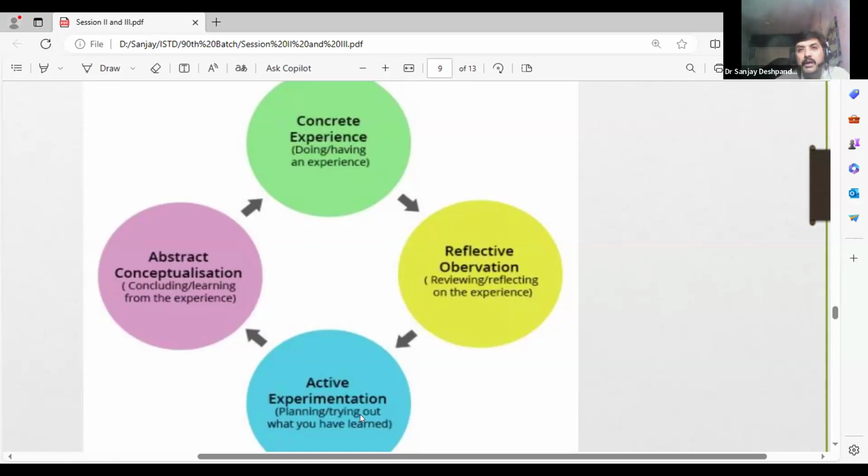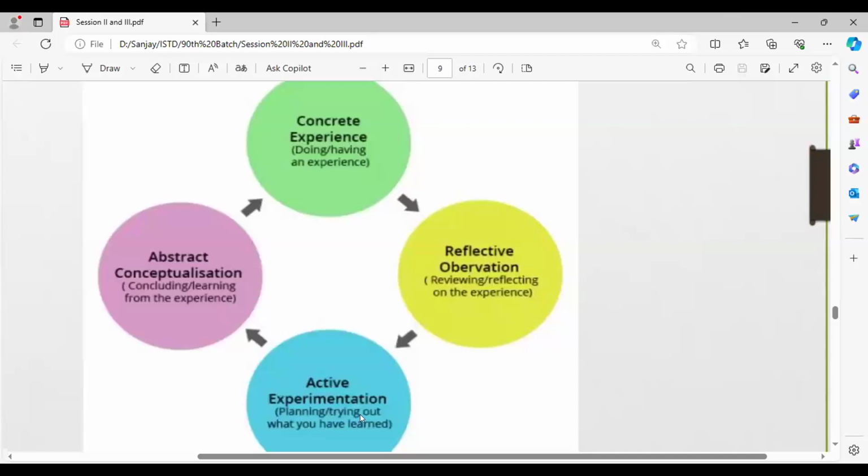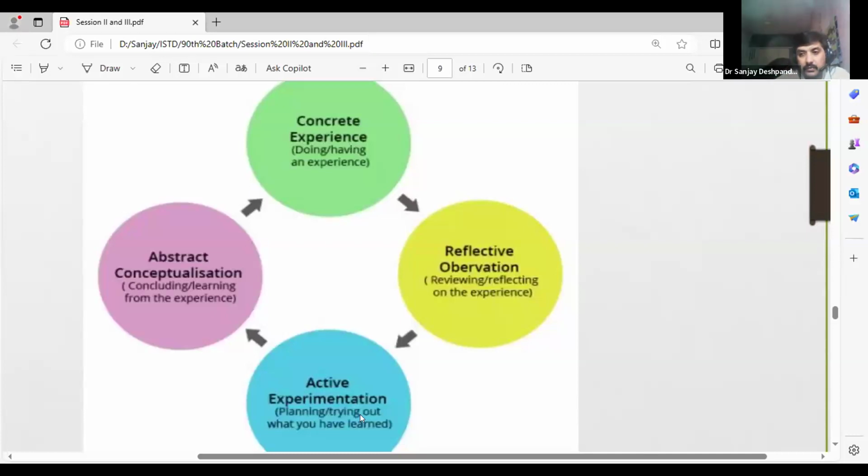The last one, AC, is abstract conceptualization. You learn by generating new thoughts. You listen, you read, you watch. As a result of all this, a new seed starts germinating, and you start conceptualizing new ideas, saying, oh, what if this can be done? What if this can be implemented?